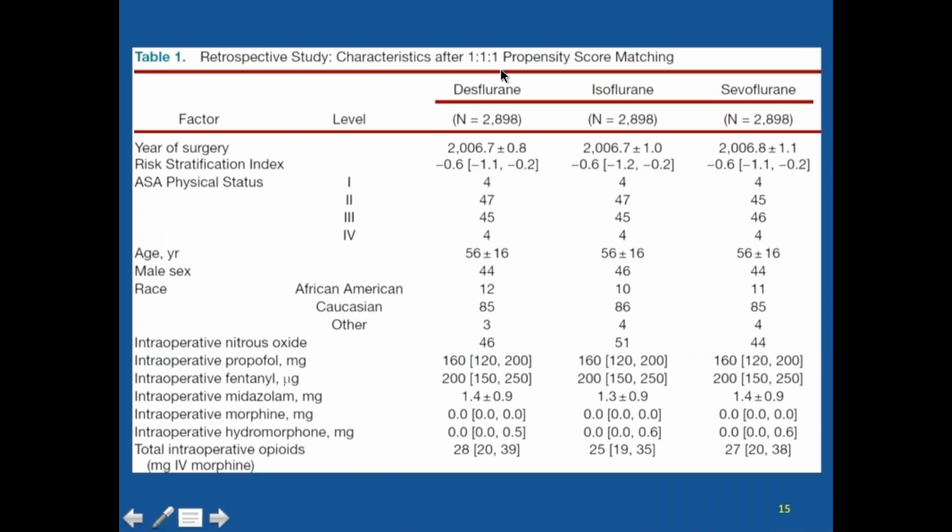In this case, it's a true 1-to-1-to-1 propensity score matching, with nice even sample sizes there. In this particular case, they didn't match as nicely as I think they could have. I think they could have pushed the balance a little bit harder in terms of the quality of the matches they get. But this gives us an idea of who it is that they're talking about, which is what we're after.